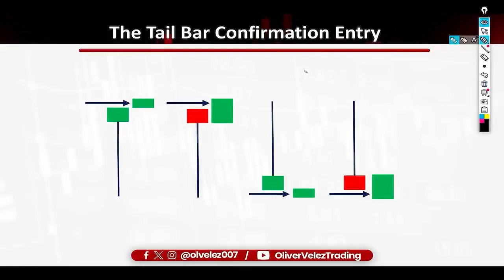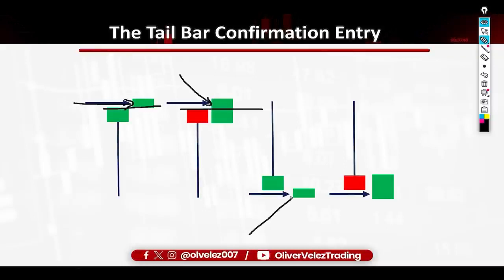That's a normal tail. If your tail bar stays normal, you should be using confirmation, not anticipation. You should be buying as soon as the next bar clears the high. Boom! So normal tail bars get confirmation entry.